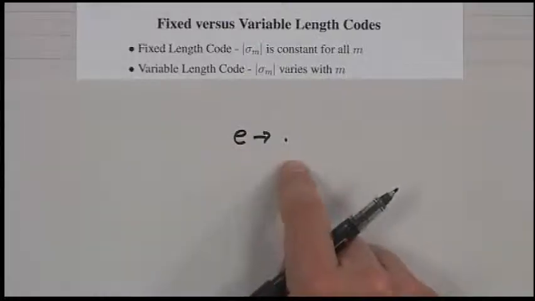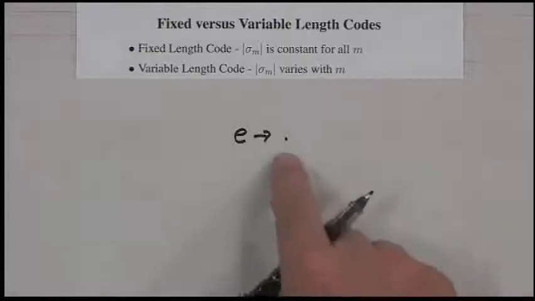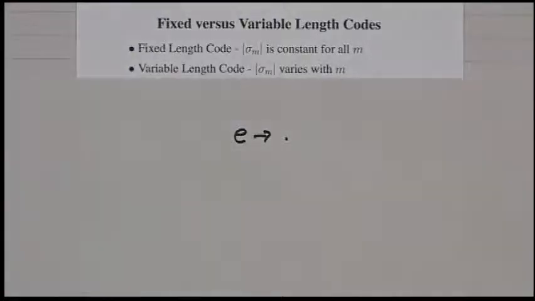So why do you think E goes to dot? Because E is the most common letter in standard English. If you take an ensemble of standard English text and count the frequency at which the different symbols occur, E is the most commonly used letter. So it goes to the shortest symbol, because whatever you do most often, you want to be easiest, right?